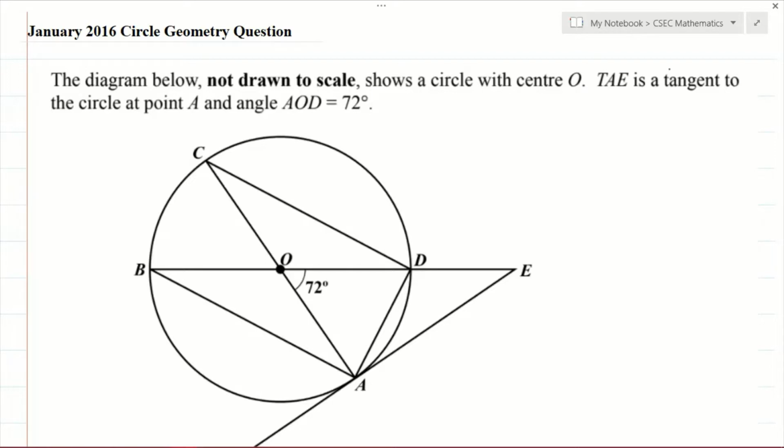We're dealing with section 8, that is geometry and trigonometry. Here we have a circle geometry question where we have to apply the theorems of the circle and other things in geometry.